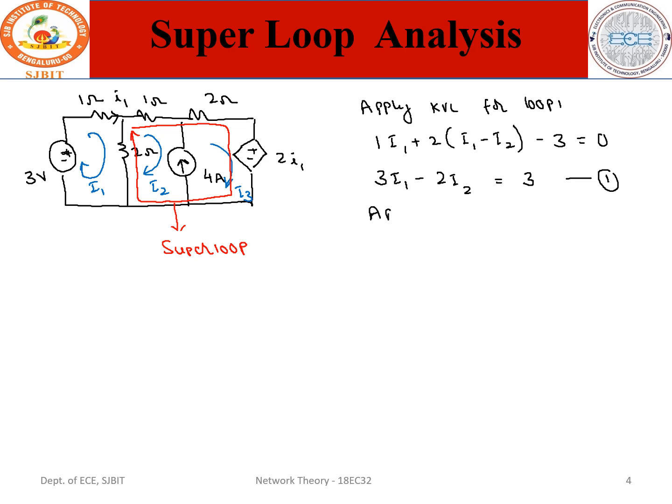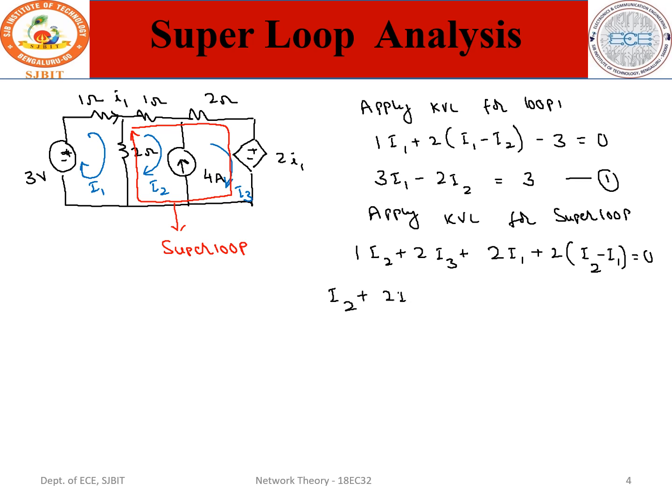Now apply KVL for the super loop. When I apply KVL for the super loop, we can write the equation like this: 1 into I2 plus 2 into I3 plus 2I1 plus 2 into I2 minus I1 is equal to 0. Simplify this: I2 plus 2I3 plus 2I1 plus 2I2 minus 2I1 is equal to 0.